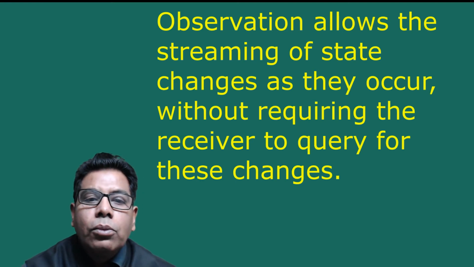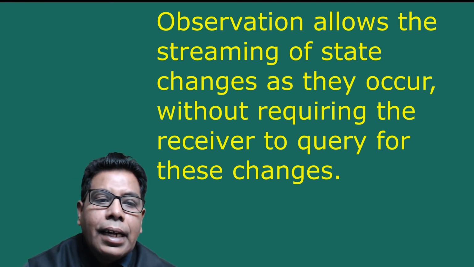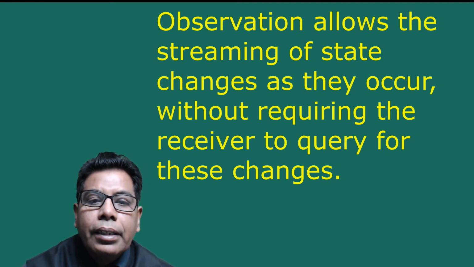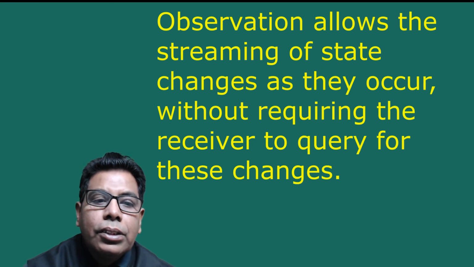CoAP also runs on UDP, whereas HTTP typically uses TCP. CoAP also adds a feature that is lacking in HTTP and very useful for IoT: observation. Observations allow streaming of state changes as they occur without requiring the receiver to query for these changes.